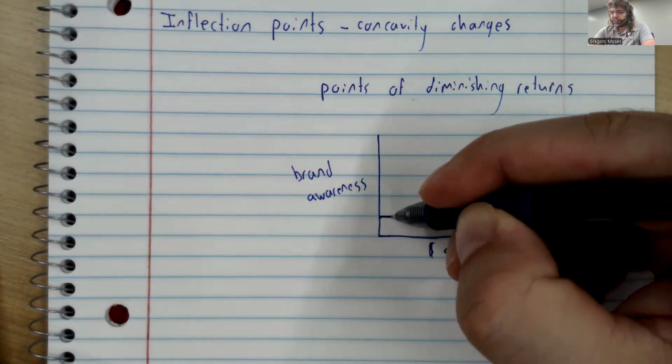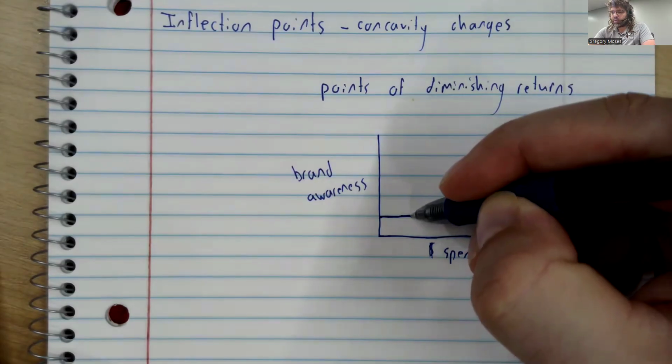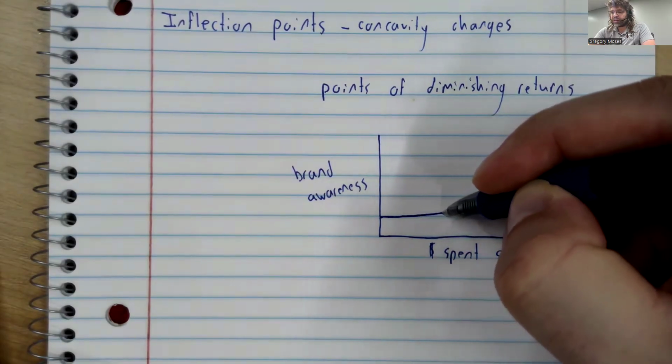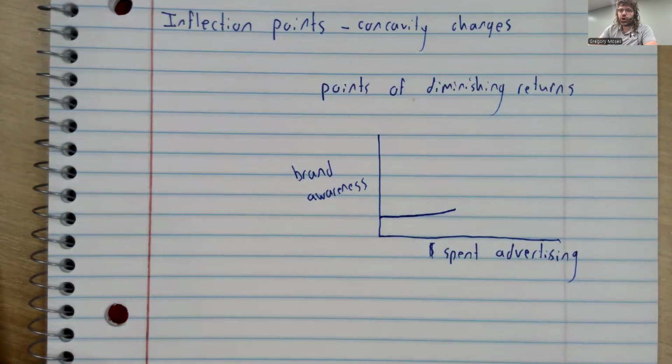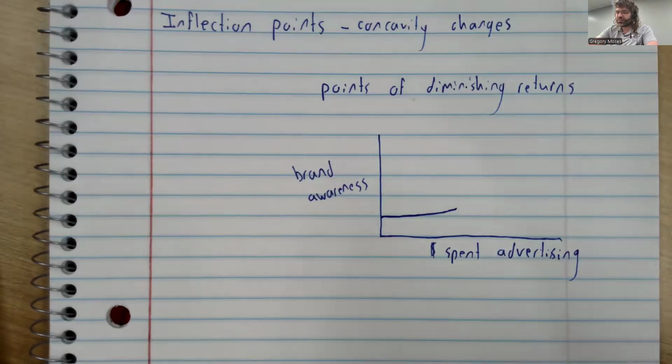Initially, when you spend more, you get more brand awareness, but maybe you see a very slow growth. If your budget is super limited, and what's the difference between spending $1,001 versus spending $1,000? There's possibly not a huge difference.